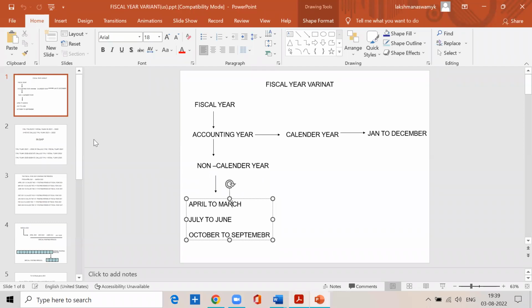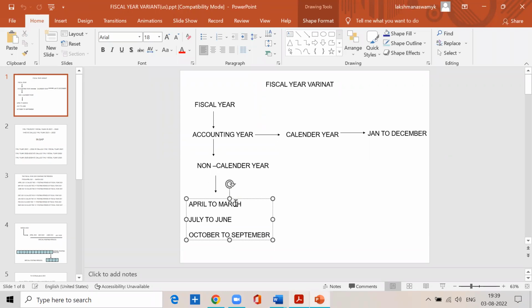Now, January to December is used in the case of USA companies. April to March is used in the case of Indian companies. Why do we use April to March in India, and why do USA companies use January to December as a fiscal year?